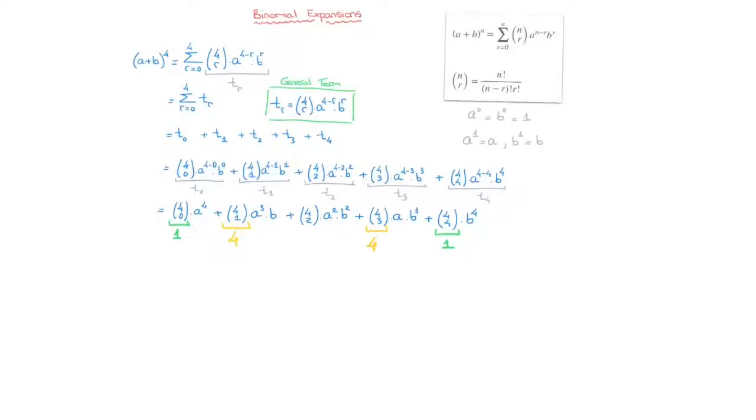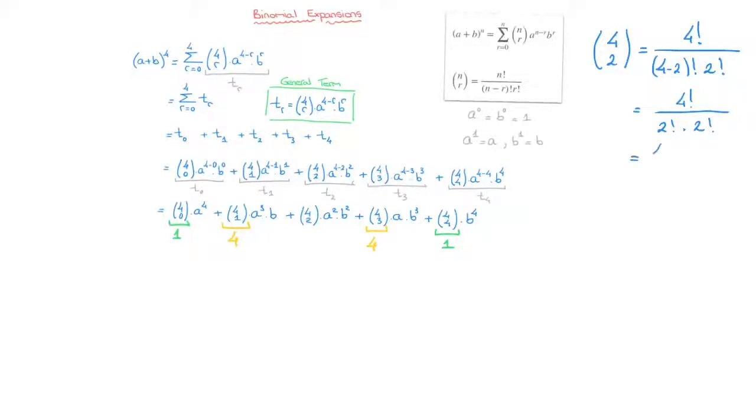So let's go ahead. I'll do that in the upper right-hand corner. The binomial coefficient 4, 2 is equal to factorial 4 over factorial 4 minus 2 times factorial 2. That's equal to factorial 4 over factorial 2 times factorial 2.